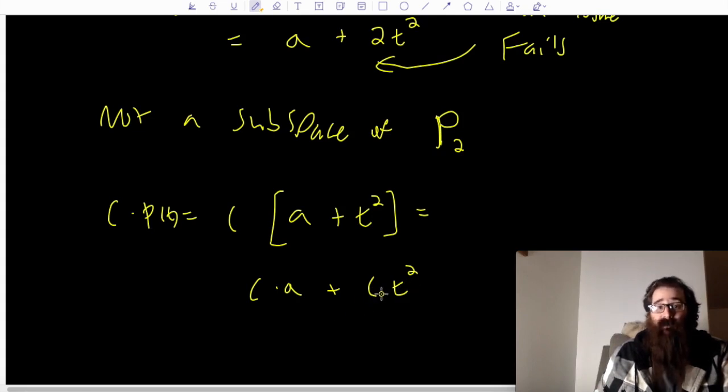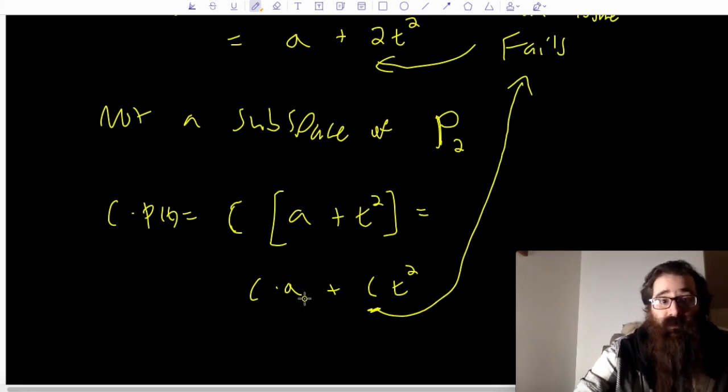Any other value for c is going to serve as a counterexample. So this doesn't hold true for all scalars c. In fact, there's only one of these that will keep us in that same form, number plus t squared, because now I have this coefficient on t squared again. We'll say, well, so that's going to fail.